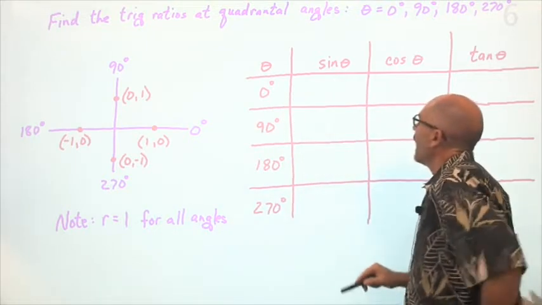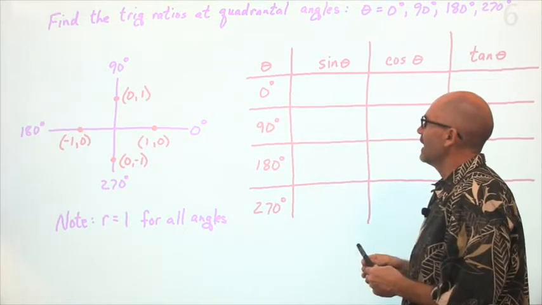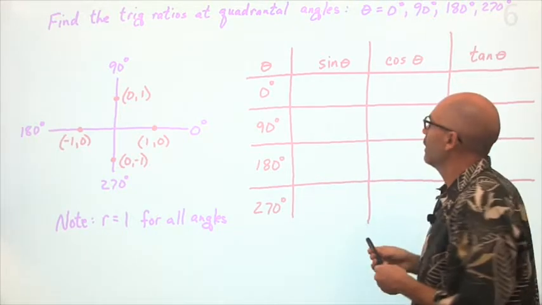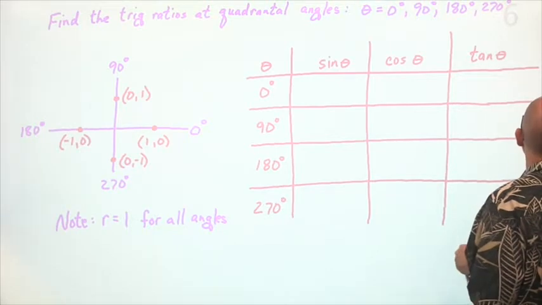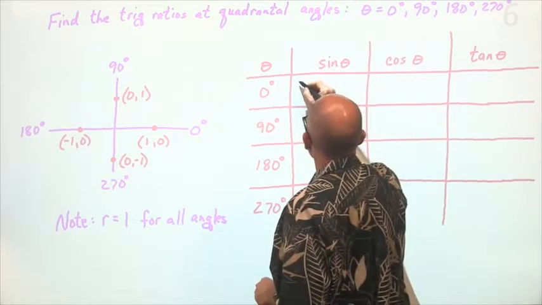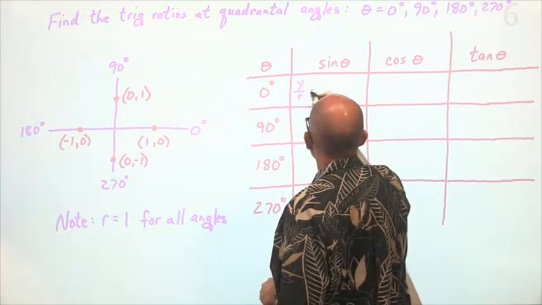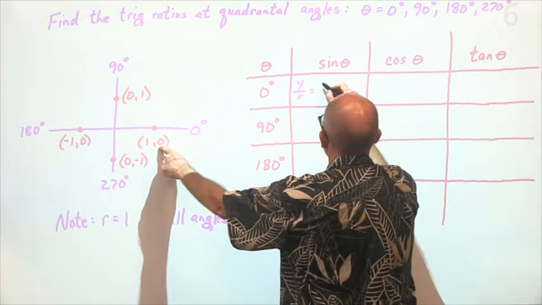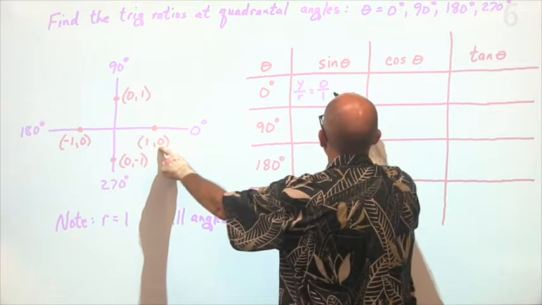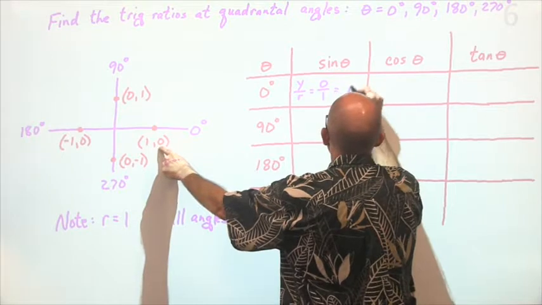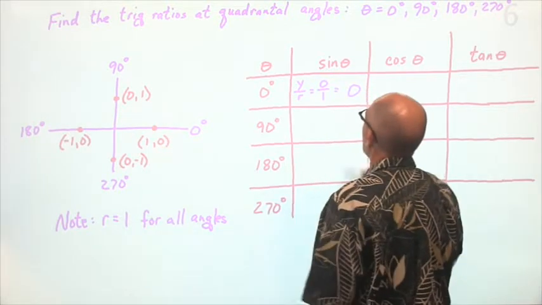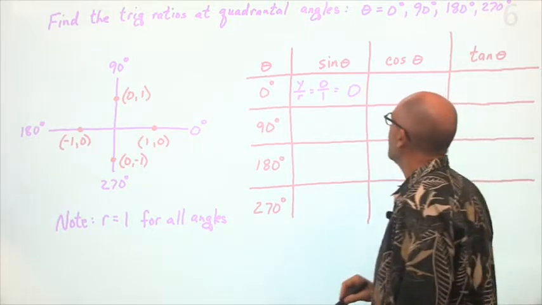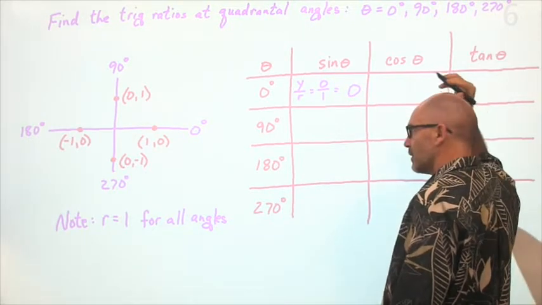So I know that my sine is y over r. Now remember, r is 1, so basically sine, which is y over r, equals just the y value at 0 degrees over 1, which equals 0. So the sine of 0 degrees is 0. Now, let's go with the cosine of 0 degrees.